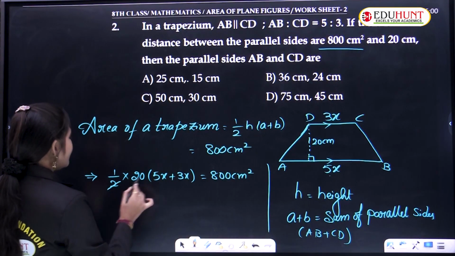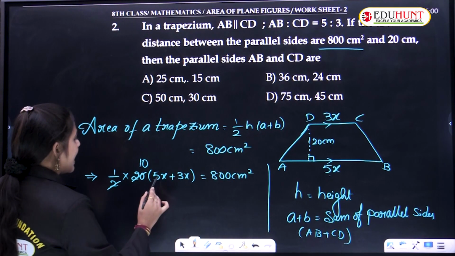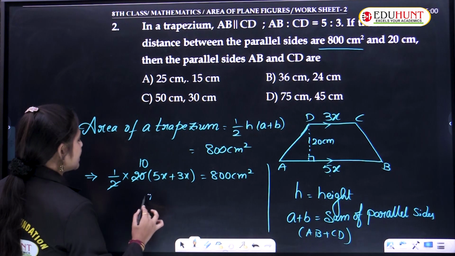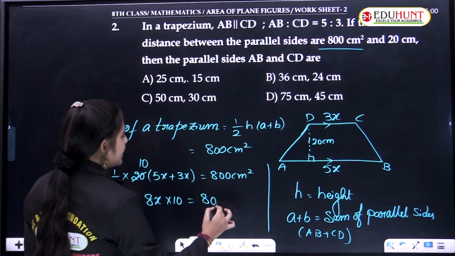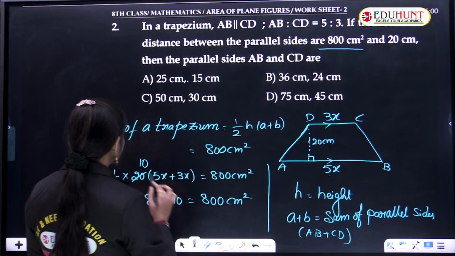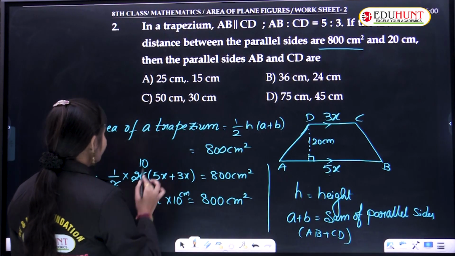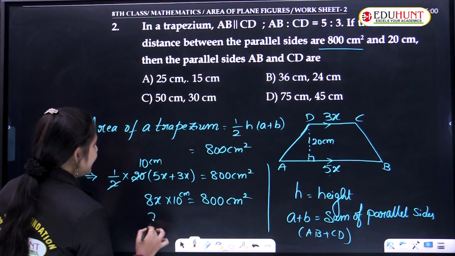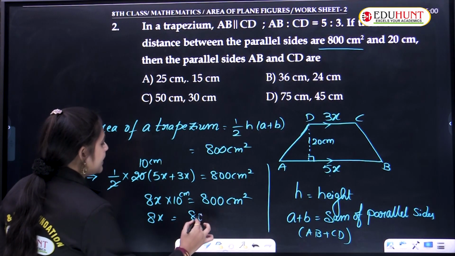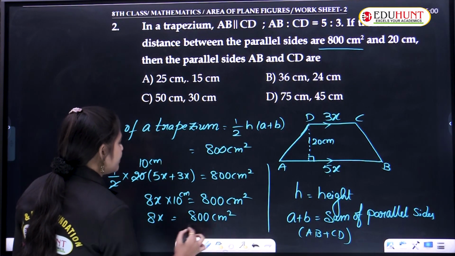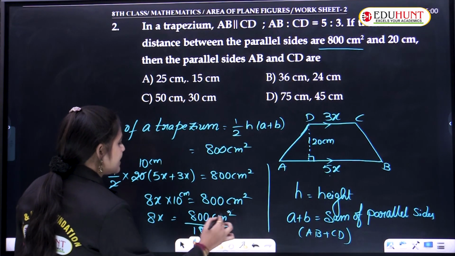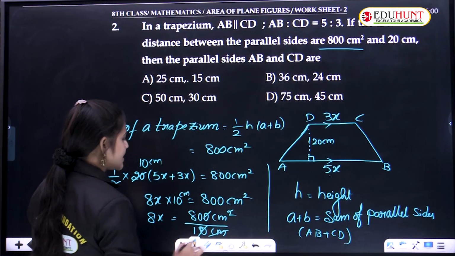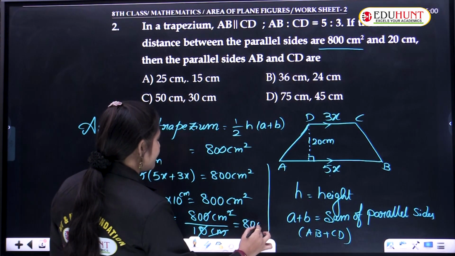Now 2 tens are 20, and 5x plus 3x is 8x into 10, which is equal to 800 centimeters square. Next, 8x is equal to 800 centimeters square by 10 centimeters. Centimeters and square get cancelled, 0 and 0 get cancelled, which is equal to 80 centimeters.